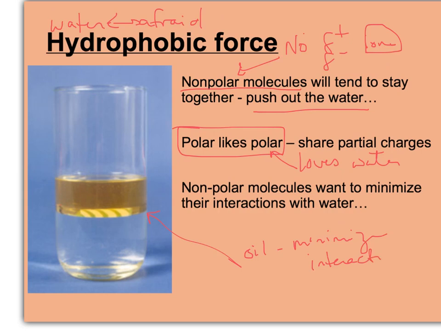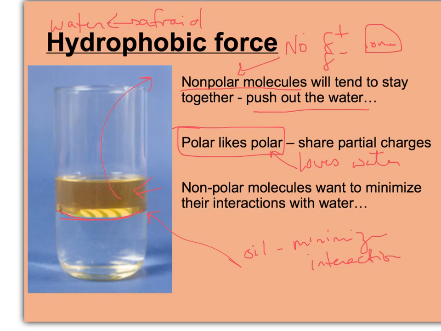Now they can't completely get rid of it unless they jump out of the glass, which we know doesn't happen. But by having just one surface where these oil molecules have to interact, all of these molecules up here on top don't have to be interacting with water. So the minimization leads to particular structures.